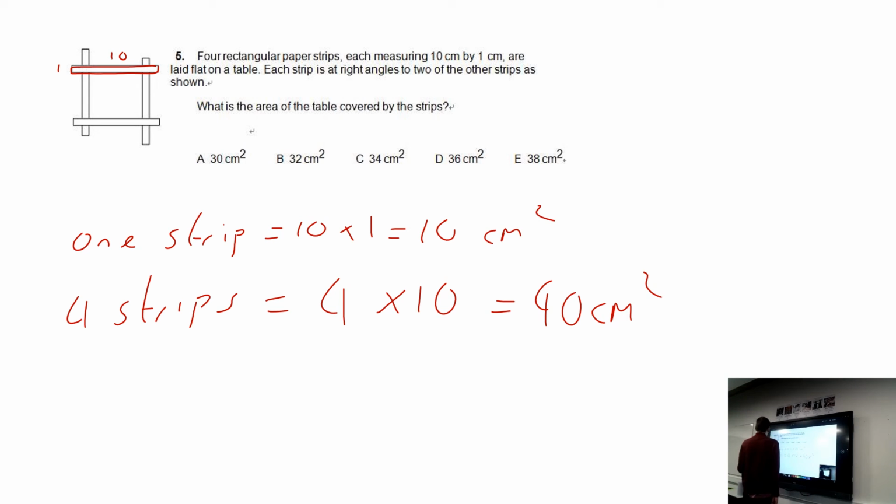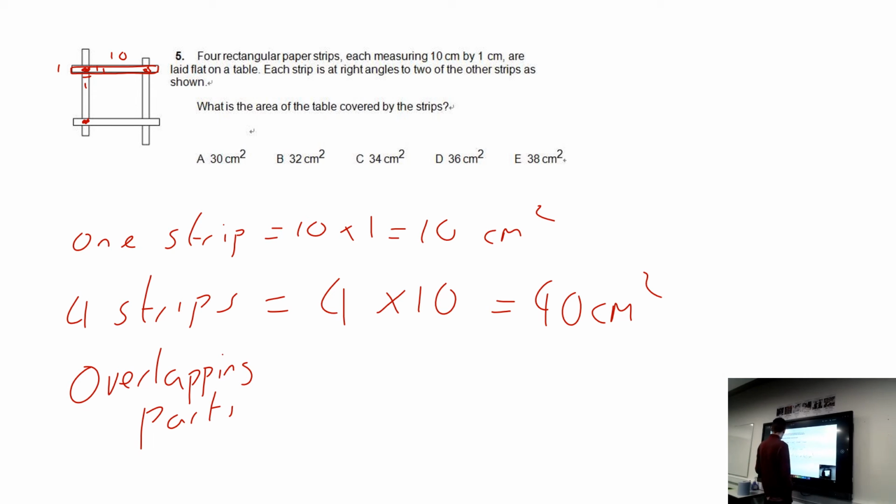But then you notice that there's a bit of overlapping going on. There's overlapping between 2 strips here, 2 strips here, 2 strips here, and 2 strips here. So we need to do some subtracting. The overlapping parts are squares. Here, this width is 1, and this width is 1.